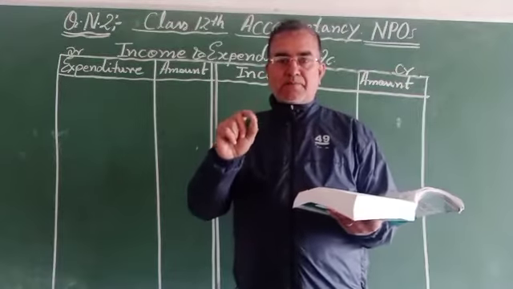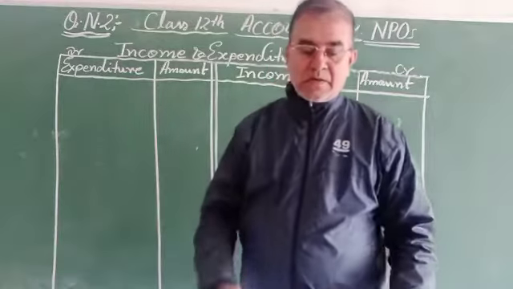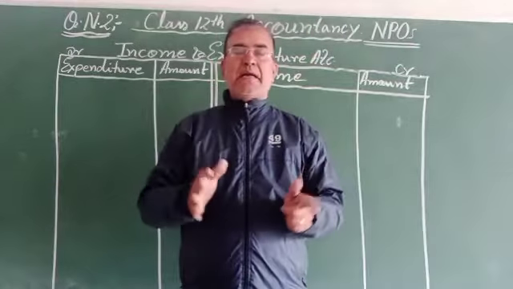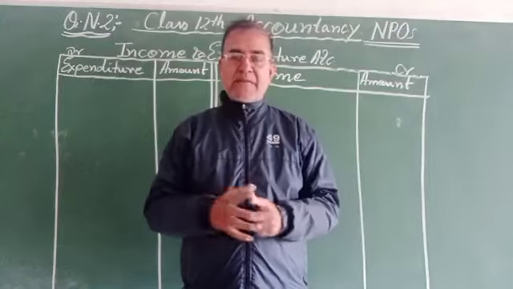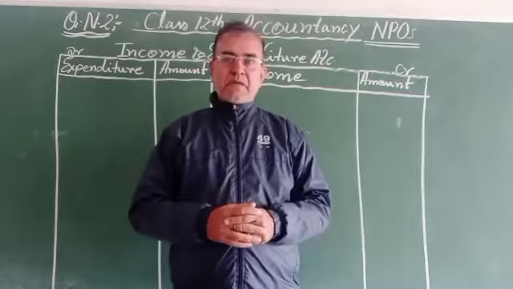Entrance fees, one of the modes I would like to tell you, and donation. Whatever the information given, some organizations treat entrance fees as a capital receipt, so that will be part of the balance sheet.